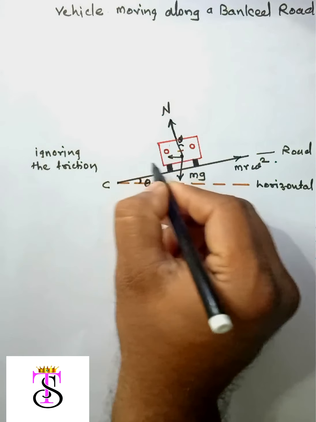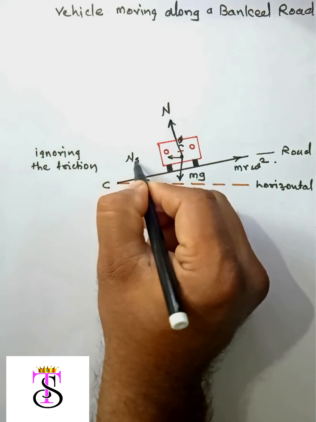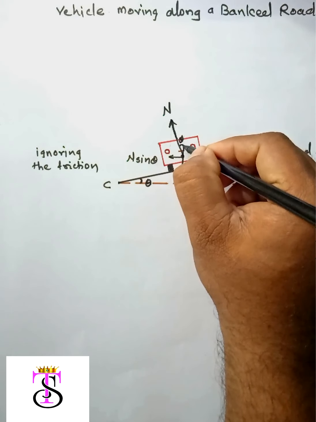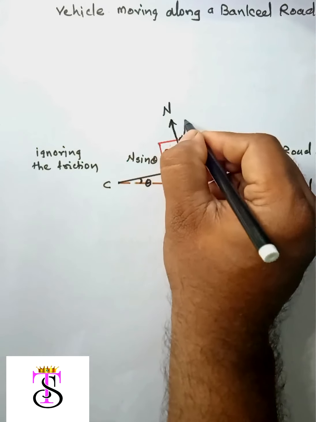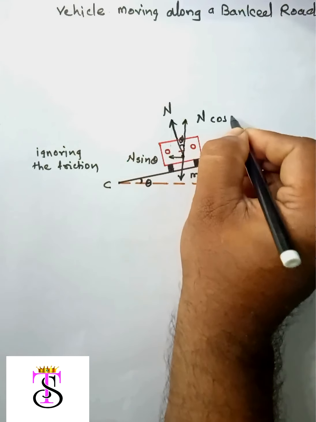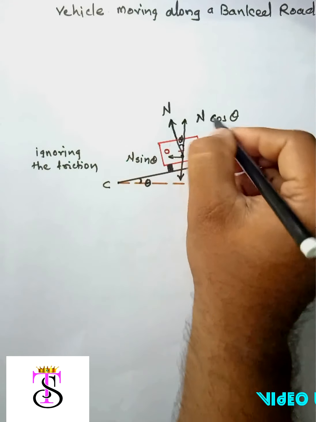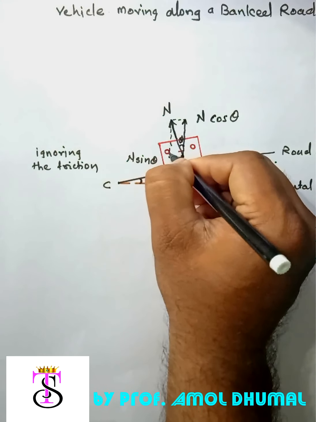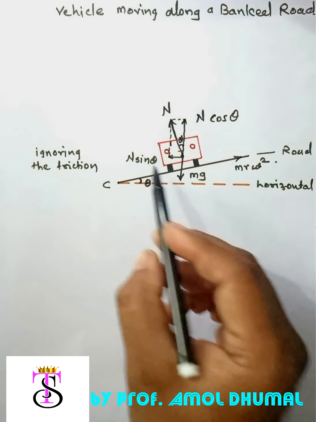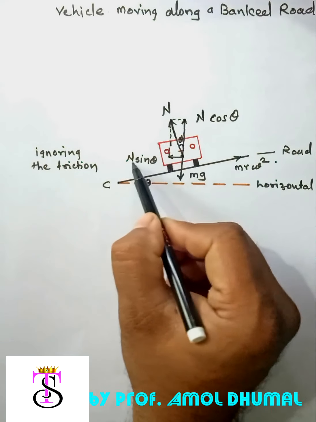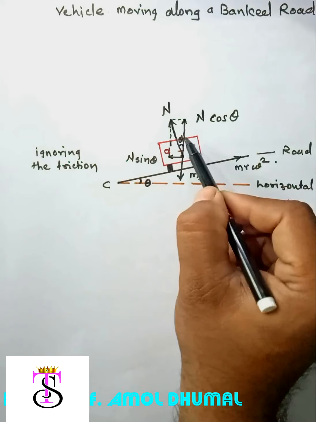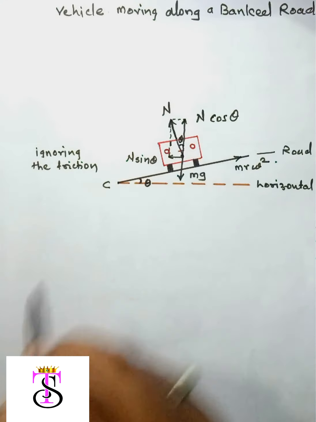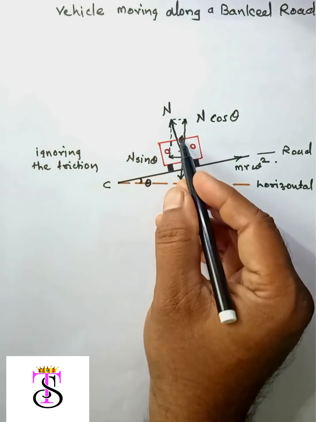One is horizontal, that is n sin theta, and the vertical component, that is n cos theta, right? So two components of normal reaction, horizontal component n sin theta and vertical component n cos theta, as it is inclined at an angle of theta with vertical. So this angle is theta, so this angle will become theta.